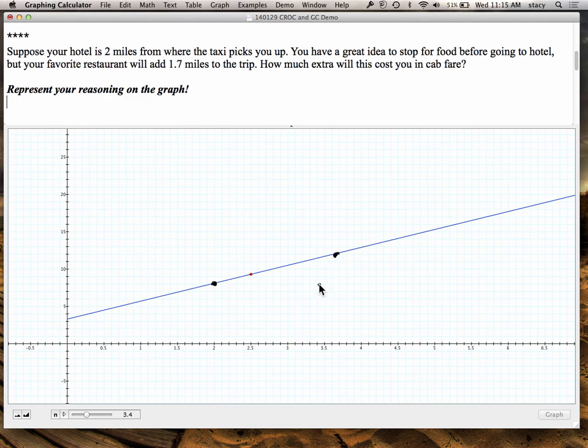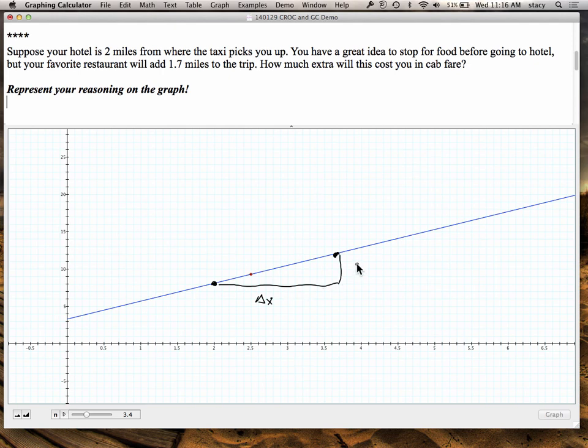So if I want to keep track of all of the quantities involved, then I would need a horizontal line going this way. What does that represent? Change in distance, right? The increased number of miles to go get my food, okay? And then I would need a vertical, close to vertical line.